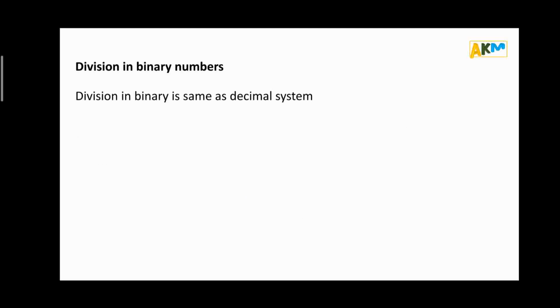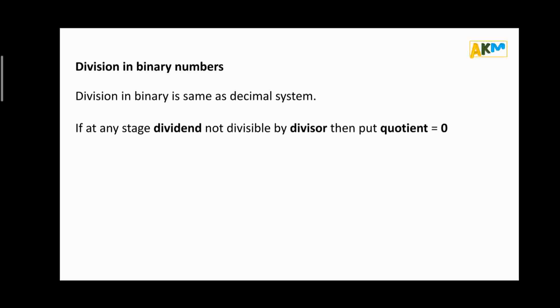Now friends, let's see division in binary numbers. Some rules we'll see. Division in binary is the same as in the decimal system. That means whatever division we do in the decimal system, we do exactly the same way in binary. If at any stage the dividend is not divisible by the divisor, then put quotient equal to 0, as we do in the decimal system.